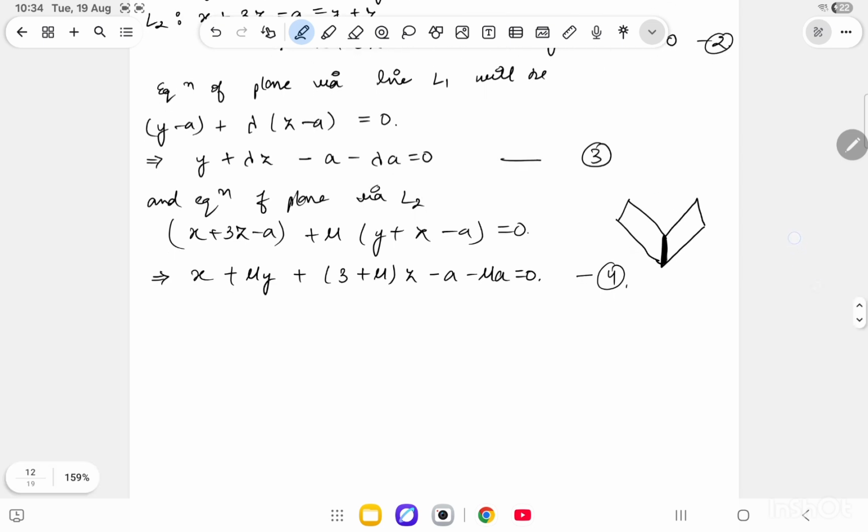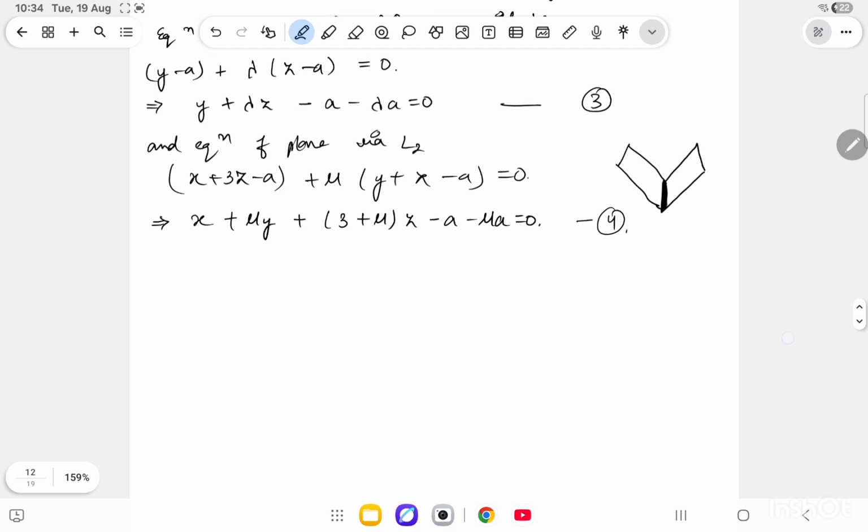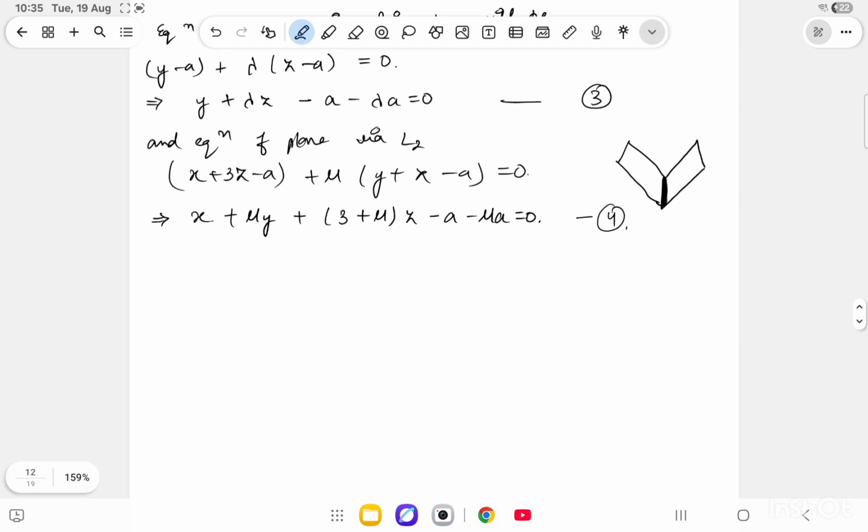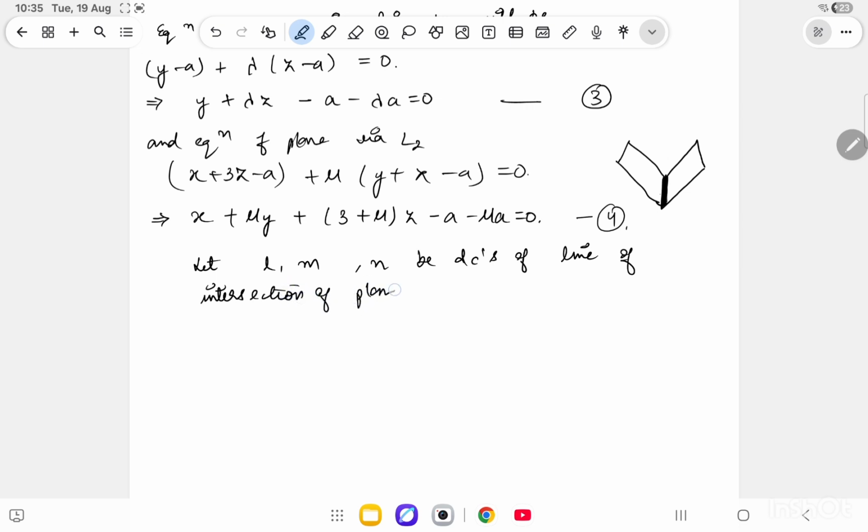So we can find the direction cosines of this line of intersection, and these direction cosines will be perpendicular to the normal of the plane x plus y equals 0. So let L, M and N be the direction cosines of the line of intersection of planes 3 and 4.